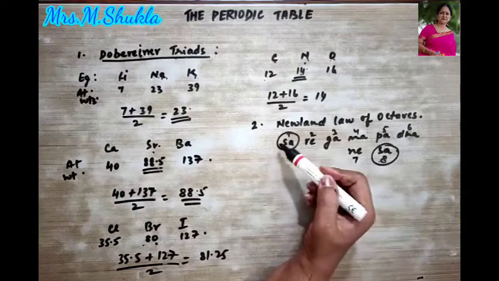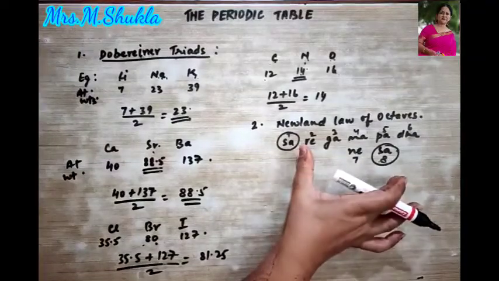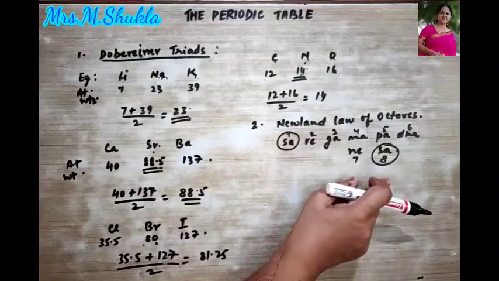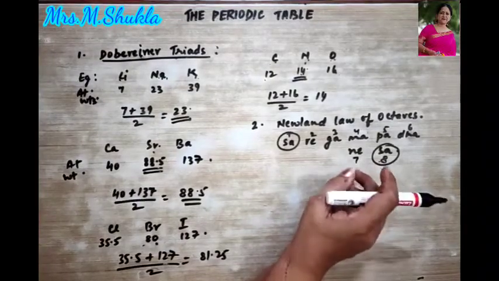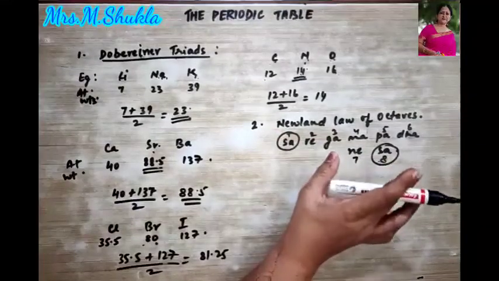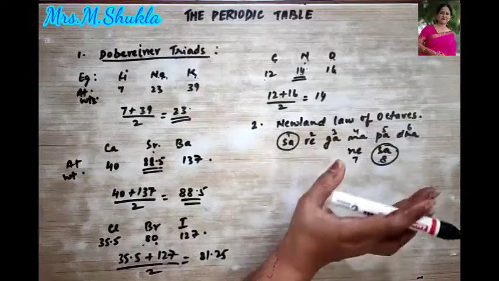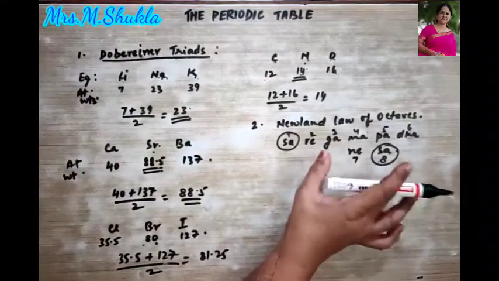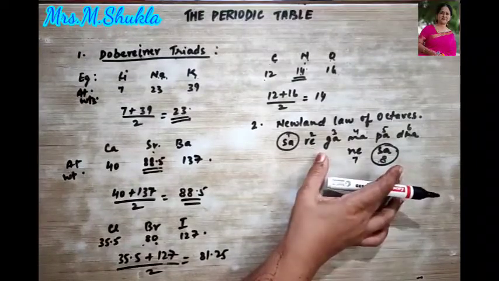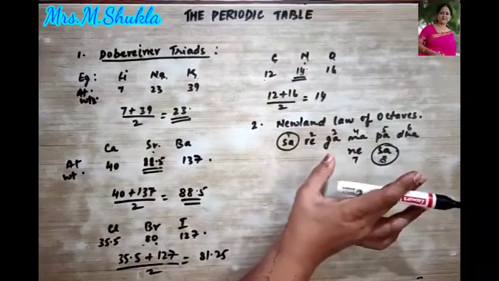Now the first element and the eighth element had entirely different chemical properties, because the noble gases were the eighth elements, and hence his theory had to be completely discarded. I hope this point is very clear to you. He was also not able to give any specific position to hydrogen. So these were some of the reasons why Newland's theory was also discarded.